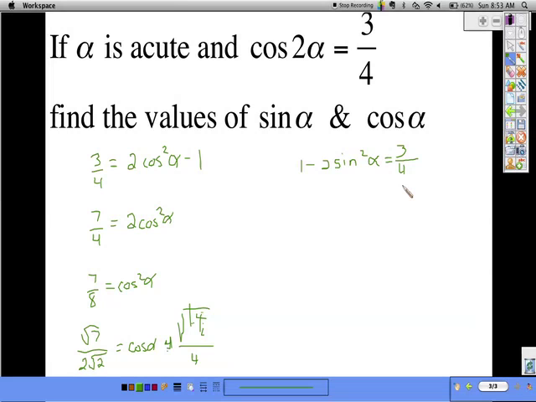And we can simplify that to 1 over 2 root 2 or square root of 2 over 4.